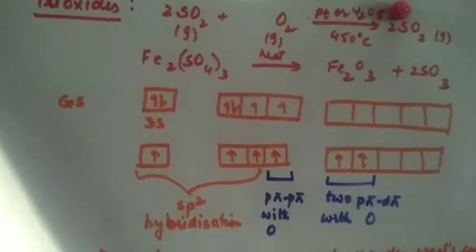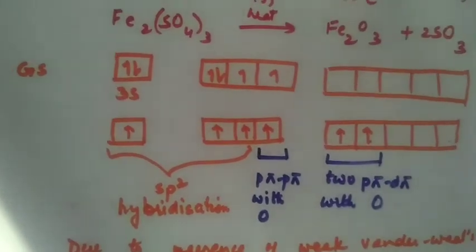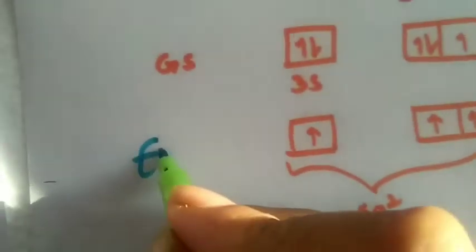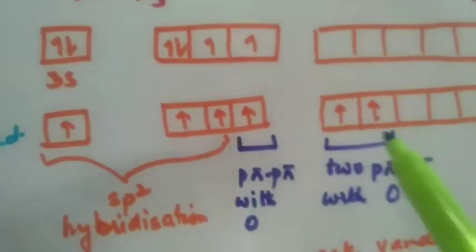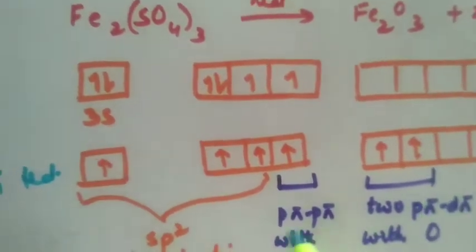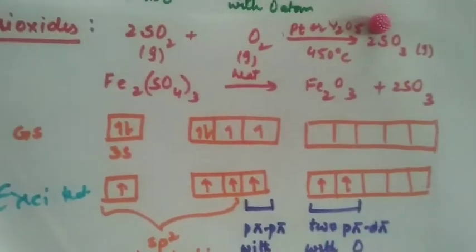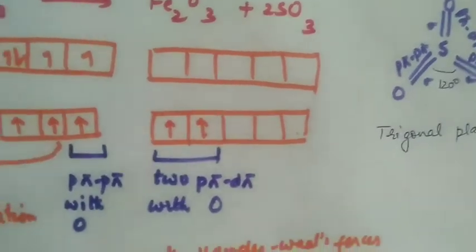To explain the structure of sulfur trioxide, in the ground state, the configuration is 3s2 and 3p4 again. But in the excited state, the electrons from the s and p jump to the d orbitals, and then they undergo sp2 hybridization to form three sp2 hybrid orbitals. These form three sigma bonds with three oxygen atoms.